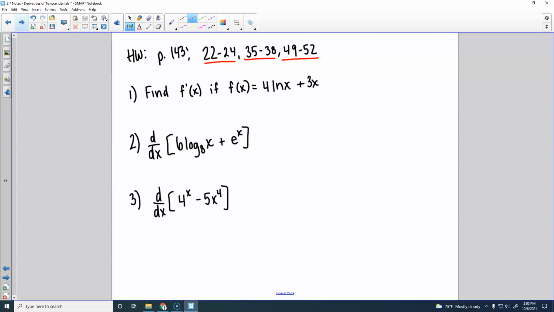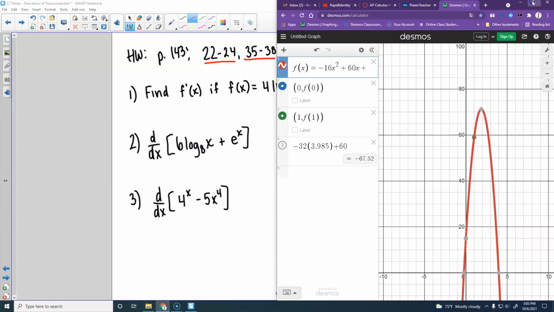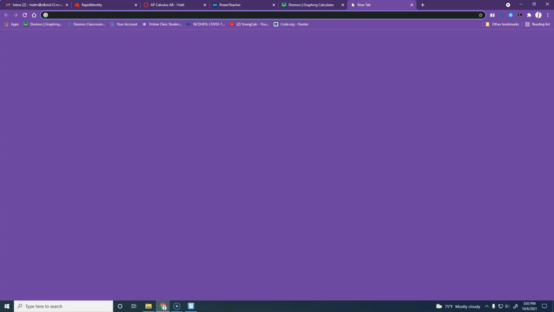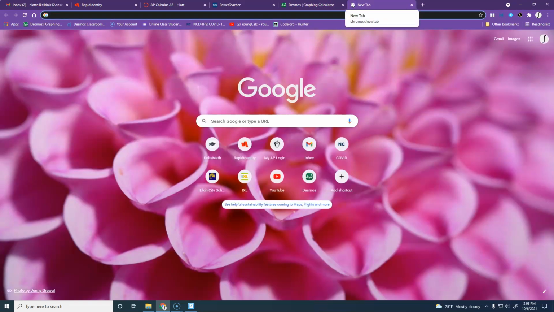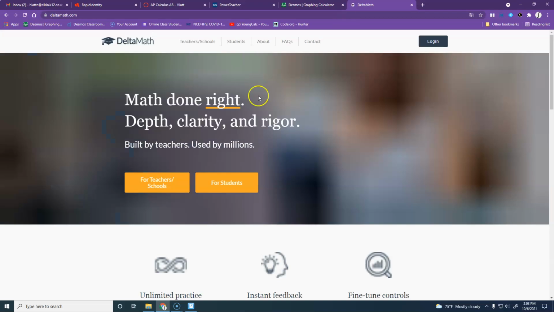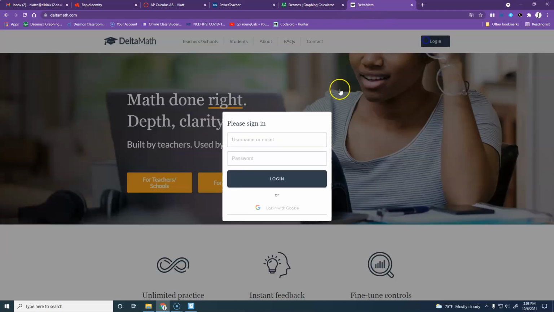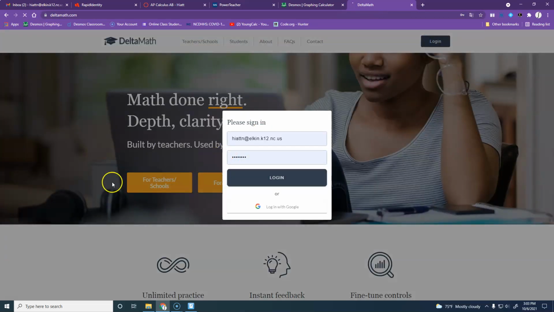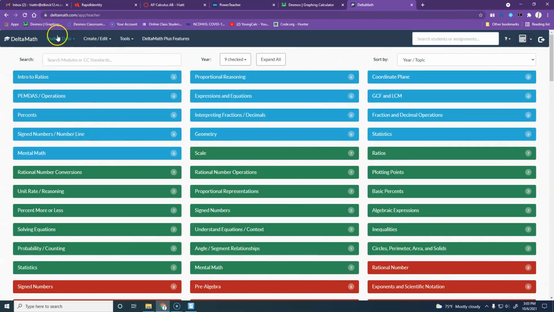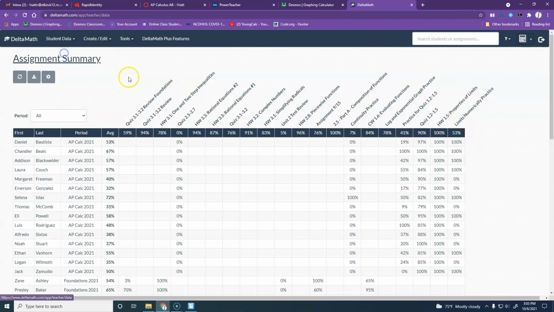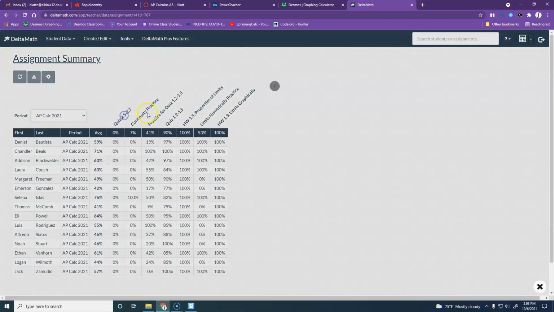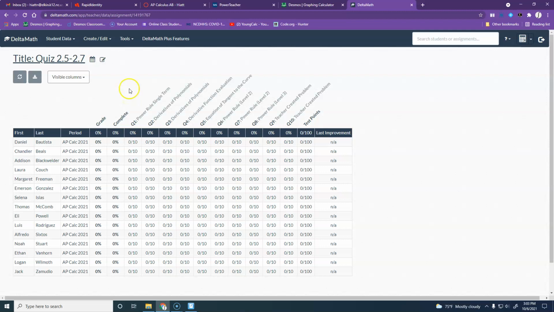Does it have trig on it? Let me look at it. Let me look at it really quickly and see what I put on it. Let's see. All right.